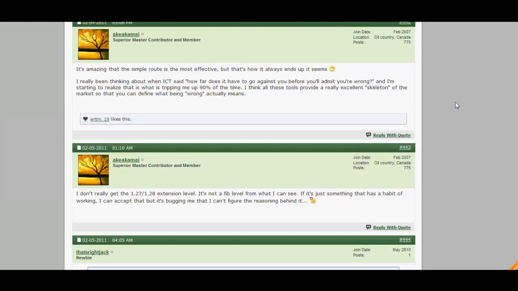Okay, we have a comment where it says they have discovered that the most simple route is the most effective. Yes, that's true. Keep it simple, stupid. That's a very good motto.